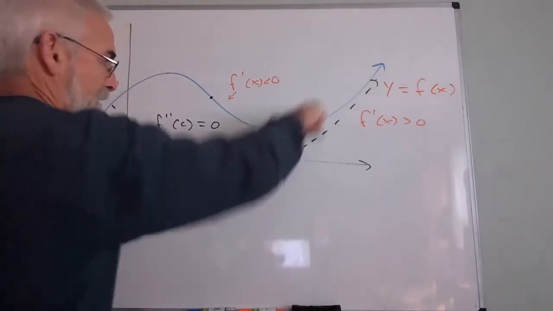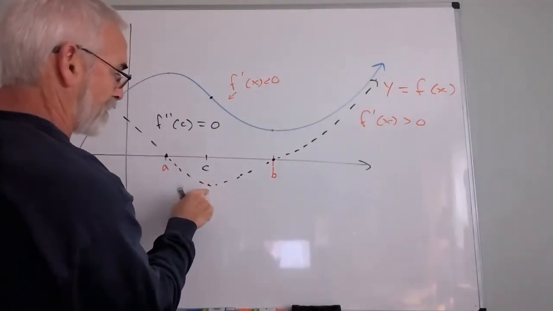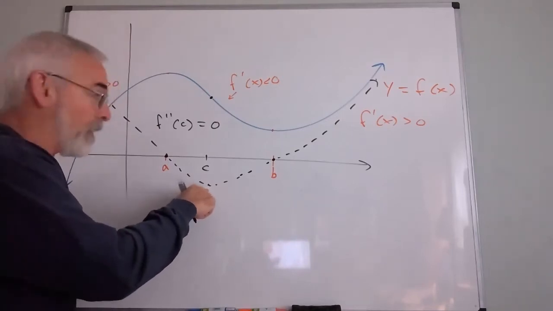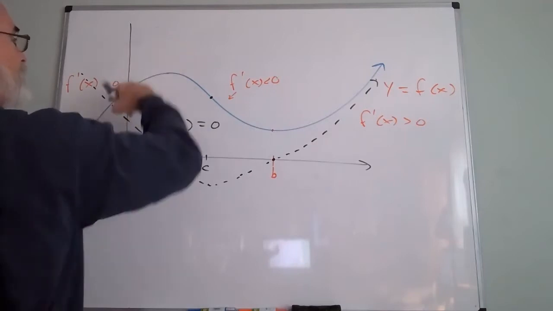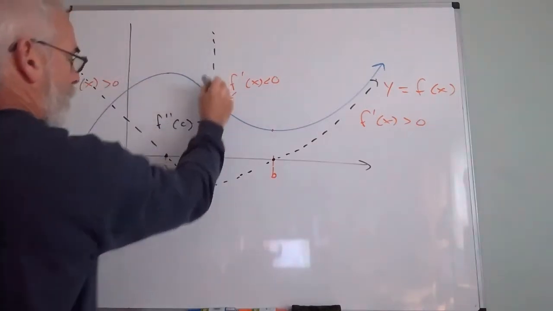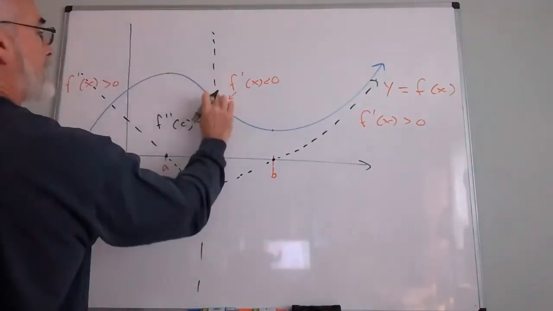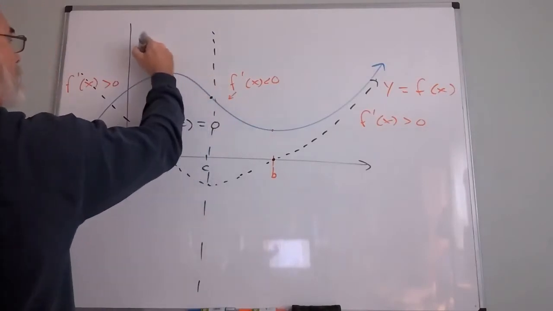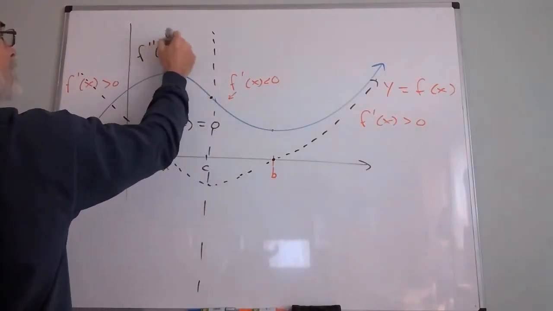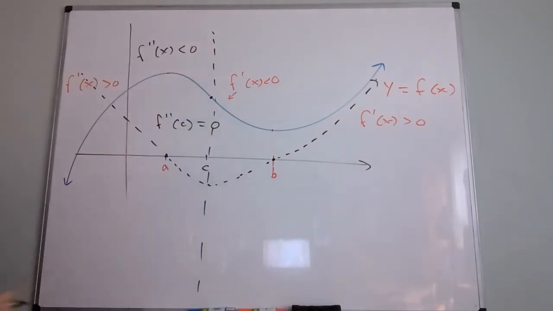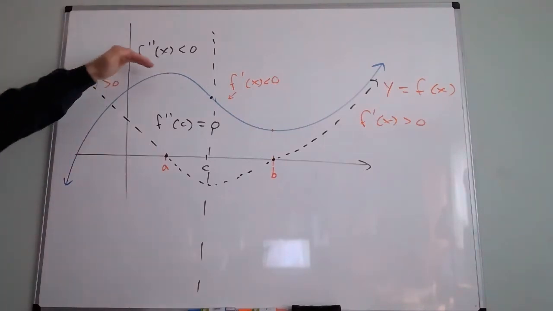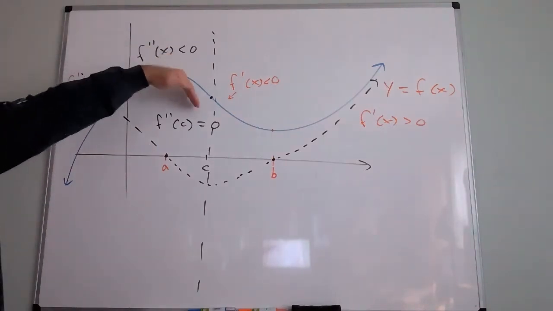See, if this is my derivative graph, that's where the derivative has a horizontal tangent, which means its derivative is zero. So what's happening in this region? In this region right here, f double prime of x, I'm bending downwards. It's negative because I went from very steep slope, less, less, less, zero, and now we're starting to get negative.